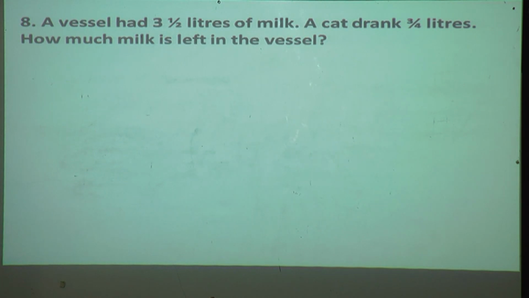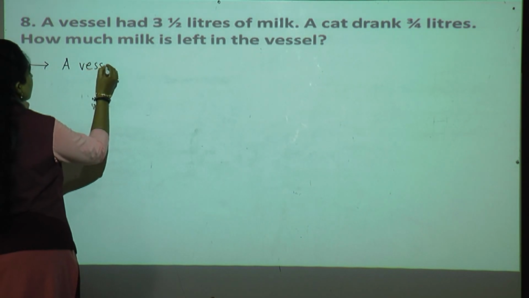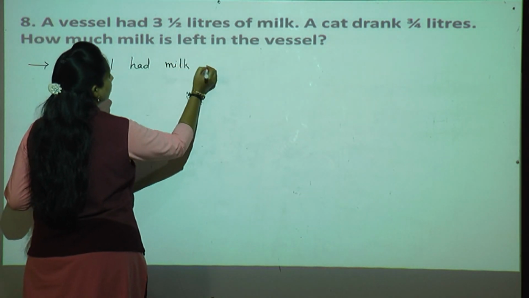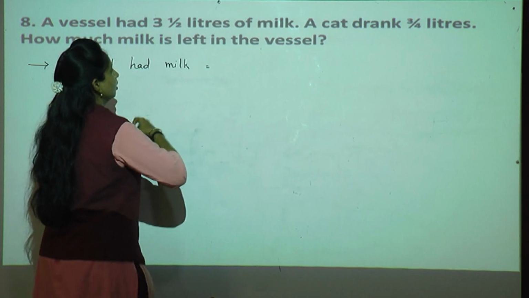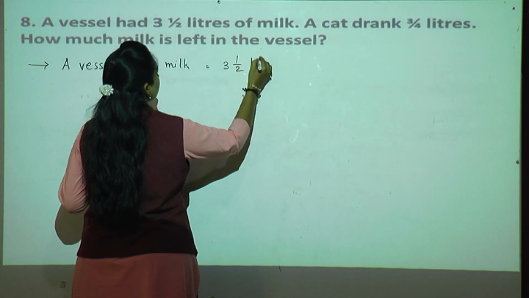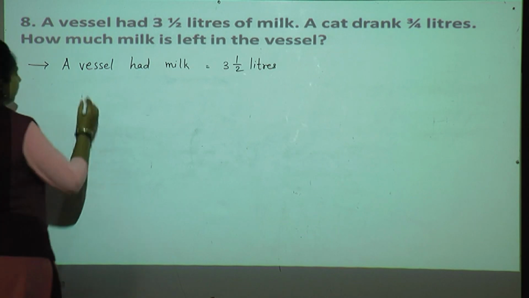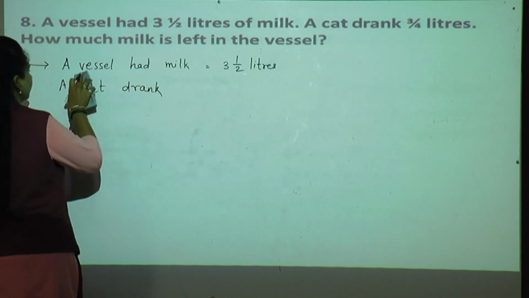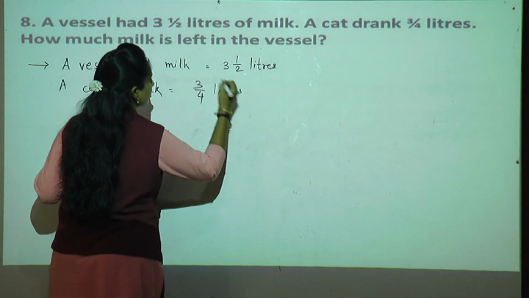So first we will write the given information. A vessel had milk equals 3 1/2 liters, and the next given information, a cat drank 3/4 liters, isn't it?